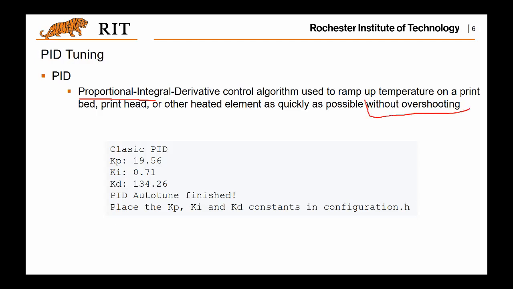The overshooting is prevented because there are very strict requirements for the temperature during the process. You don't want to have a temperature over what it's supposed to be, right?